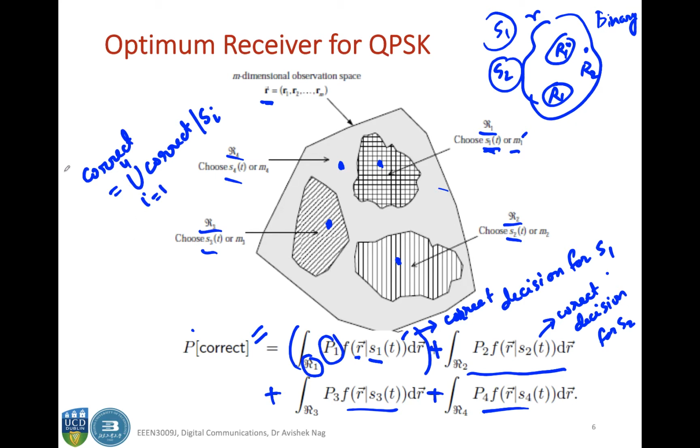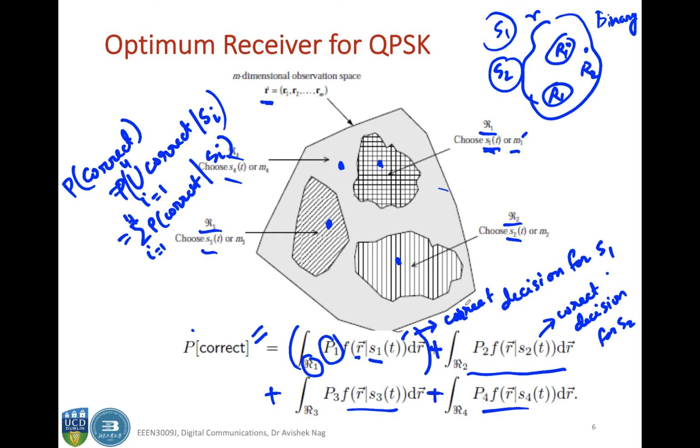The probability of being correct is the sum of all the probabilities of taking a correct decision given a particular signal Si was sent.